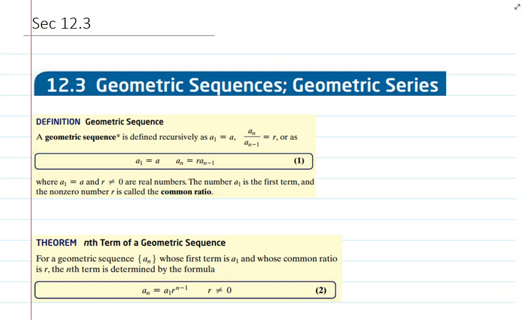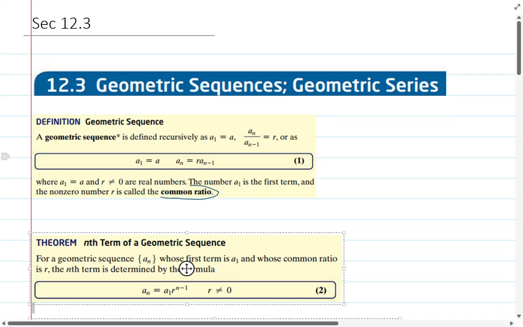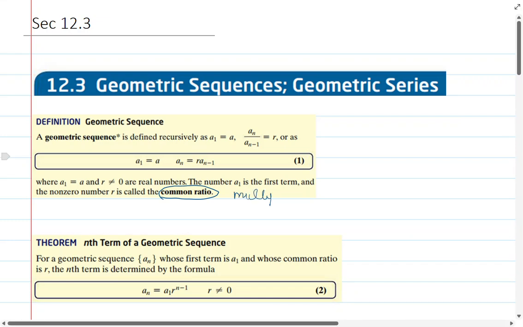And therefore we call the r the common ratio, and that is the same as a multiplier. Like a multiplier. A common ratio.